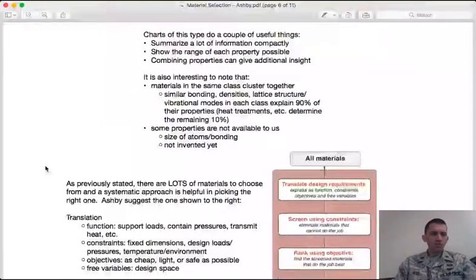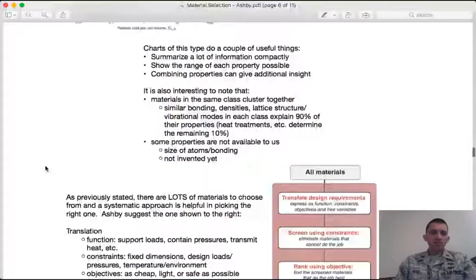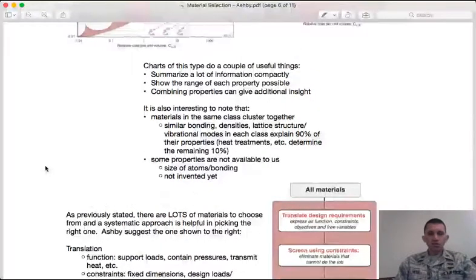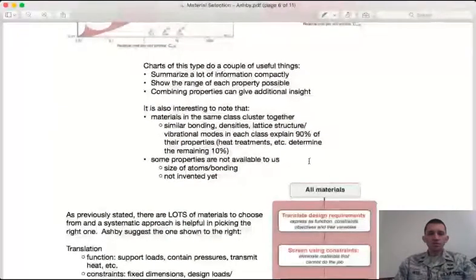Also, in all of these charts, we saw over and over again that the different classes of materials tend to cluster together. And this is due to the fact that the different classes are defined by having similar bonding behaviors, similar densities, lattice structure, crystalline nature, and so that is going to explain 90% of the variance.